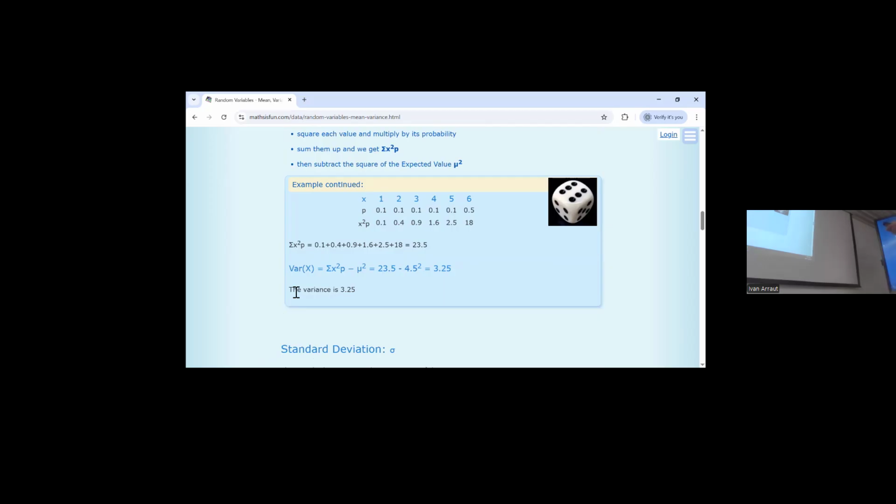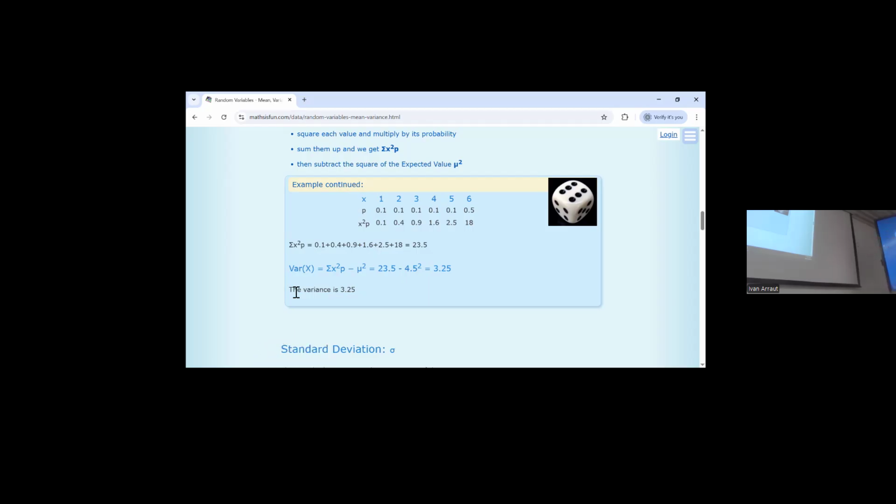Again, let's calculate. You have x, 1, 2, 3, 4, 5, 6, the probabilities, and now calculate the product x squared times p, and you get these numbers. You sum these, and then you have this quantity. This minus the mean squared, 4.5 squared, which you calculated, gives you the variance.